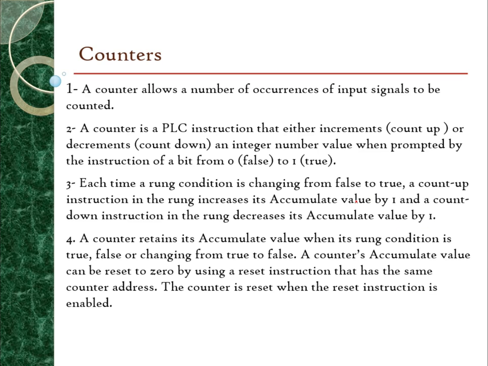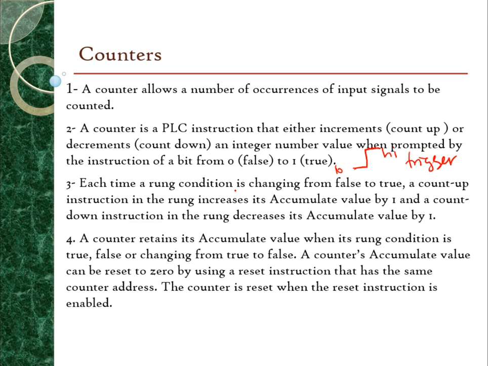So it will start counting when the trigger changes from low to high. In the timing diagram, when the signal changes from low to high at the trigger input, the counter will start its counting.